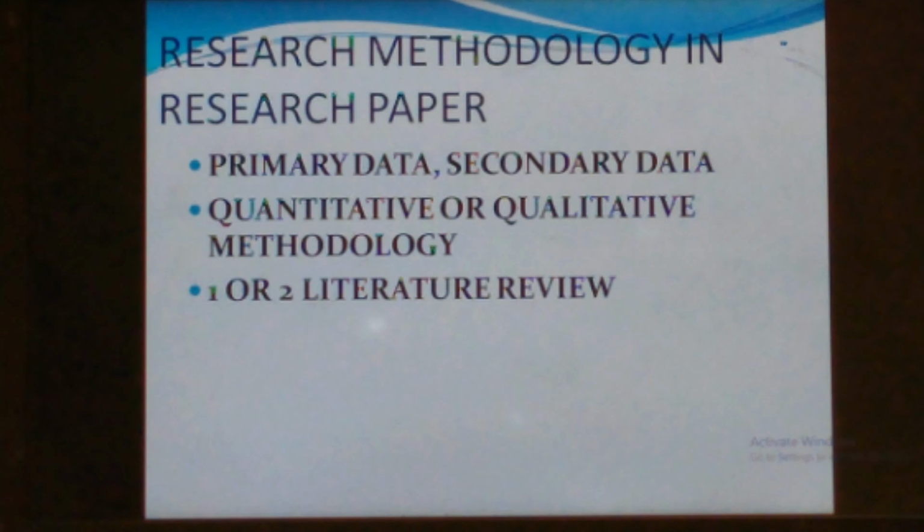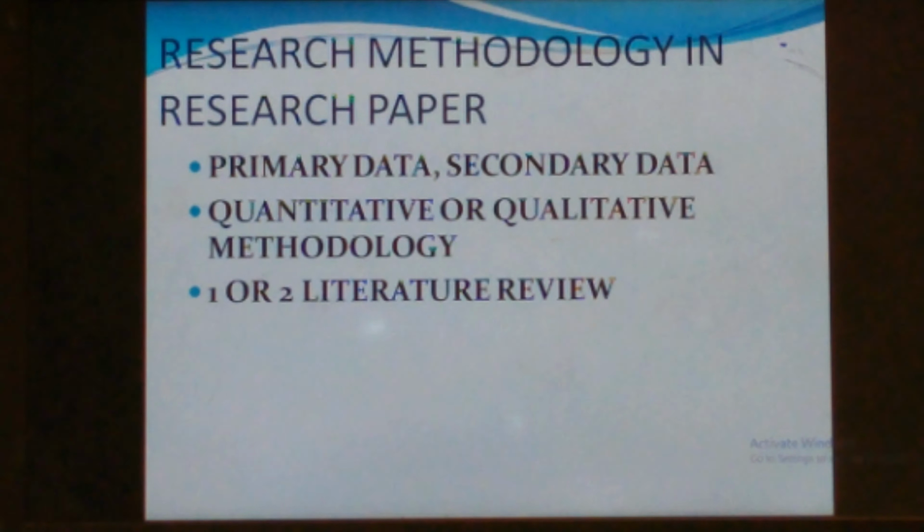First, you are mentioning the primary data and secondary data that you have adopted. Secondly, you are mentioning the tool or the type of methodology that you used, qualitative or quantitative. And then you also have to mention one or two literature reviews. There is a separate video of mine specifically focusing on what a literature review is and what comes in a literature review.